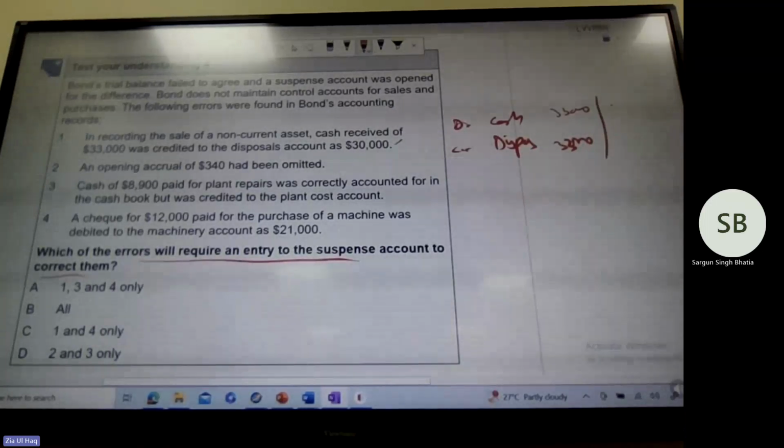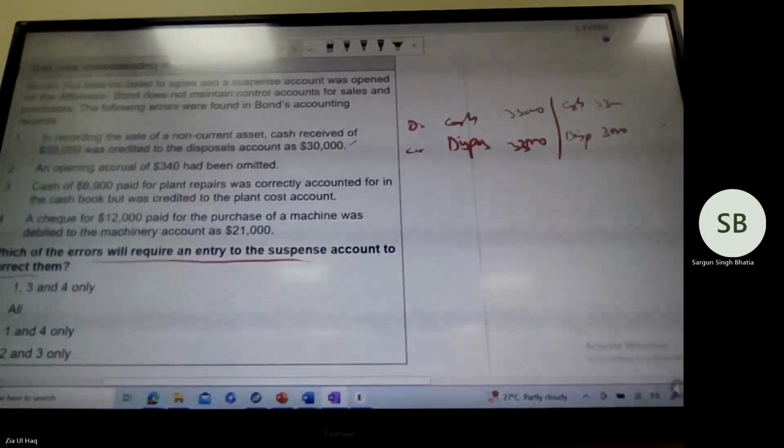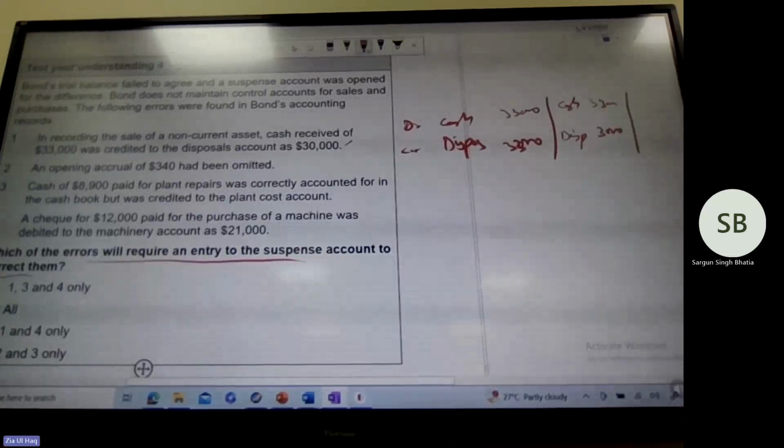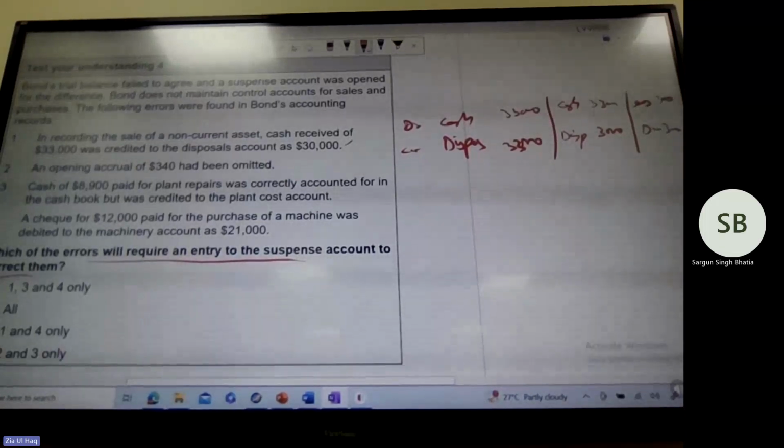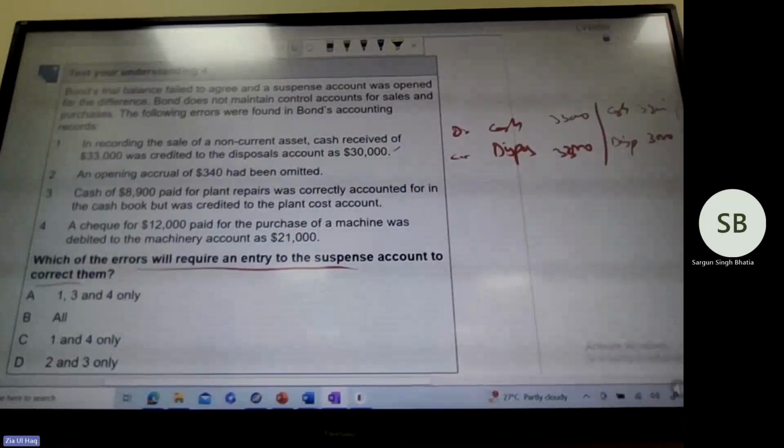Instead of this, we have recorded cash accurately with 33,000, and in disposal we have recorded 30,000 instead of 33,000. So what is the correcting entry? We need to record credit disposal more with 3,000. So what should be on the debit side? Suspense with the 3,000. So through this, we can rectify the suspense account.